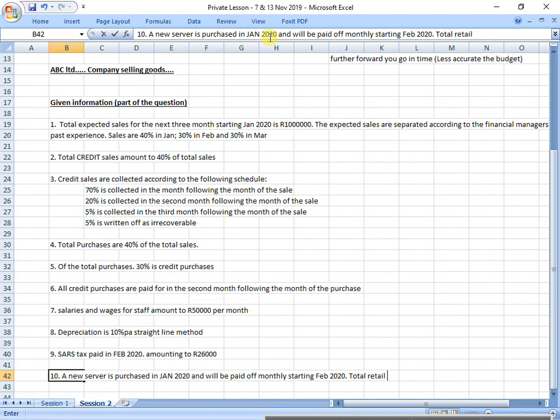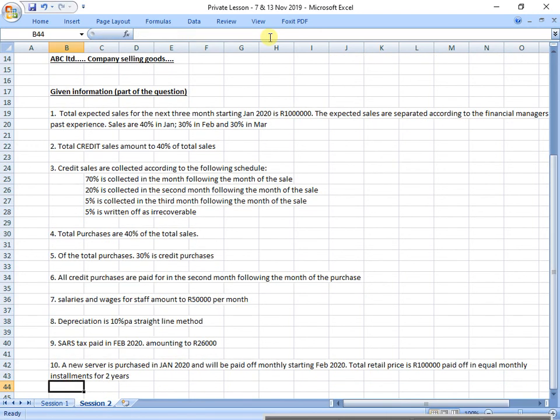Total retail price is 100,000, paid off in equal monthly installments for 2 years. Okay, that's what you've got.